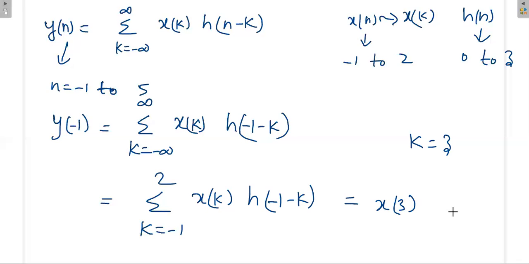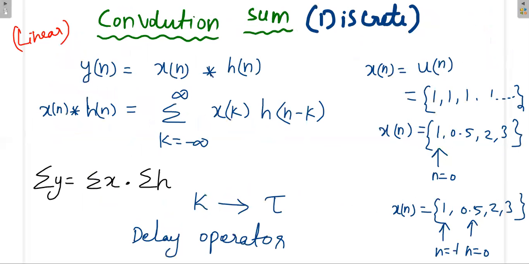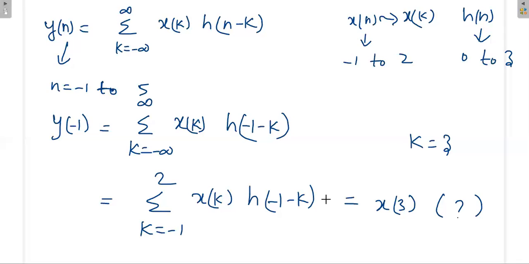I'm not worried about what will come from the other factor. I may get a non-zero sample value, or I may not. But what is the nature of x of 3? If you observe here, x of n is defined only up to n equal to 2. There is no x of 3. That means, irrespective of the value of the other samples, definitely this product is 0.